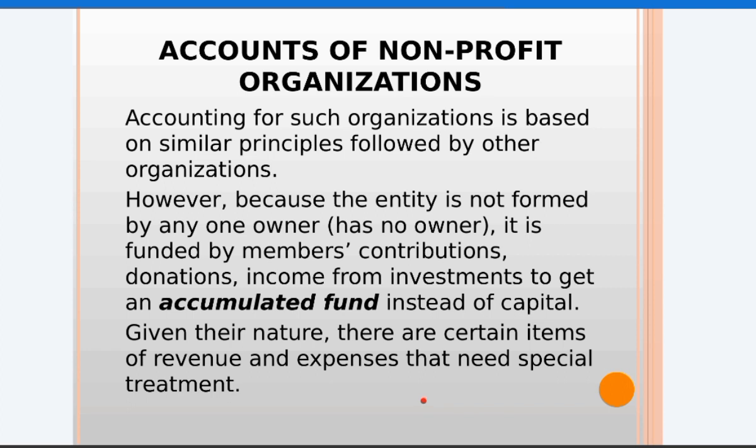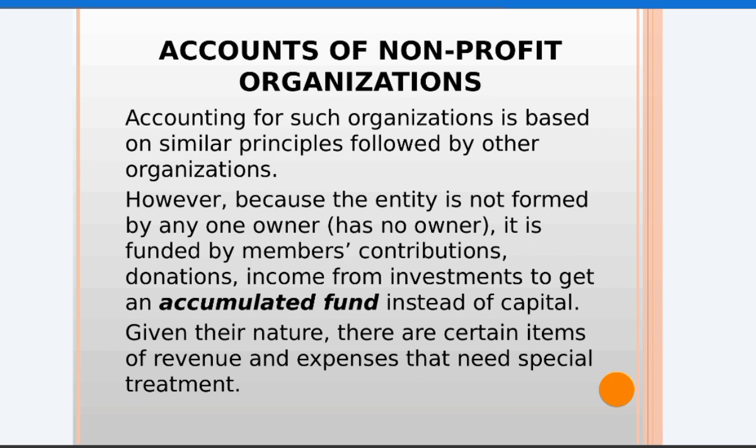But you will find that when it comes to the capital of these organizations, a non-profit making organization has an accumulated fund, as we have explained, instead of capital. So sometimes you'll find that given the nature of these organizations, we have various items of revenues and various items of expenses that may require some special treatment.